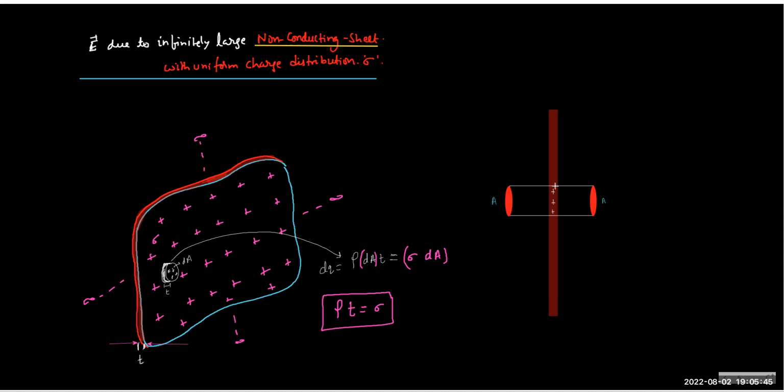Now the electric field that the sheet will create will have the direction like this, on the right and left.